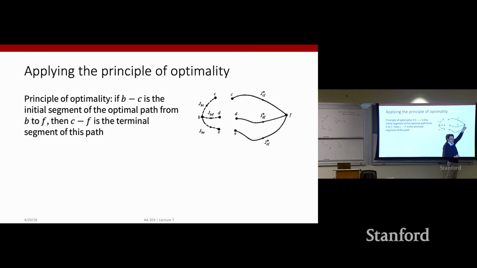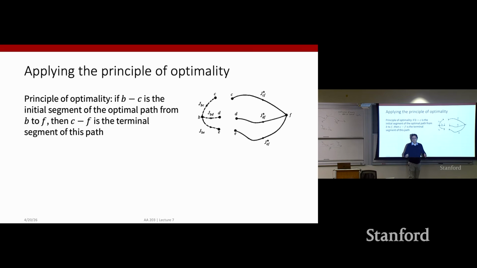The final destination is F, and suppose that an oracle is giving you the solution to go optimally from a point E to F with cost J star EF, is giving you this optimal solution to go from D to F with cost J star DF, and is giving you the optimal solution to go from C to F with cost J star CF. An oracle, the instructor, is giving you this information. And these optimal paths may be the result of the application of 324 control inputs. So there is a lot of computation that went into computing these paths.